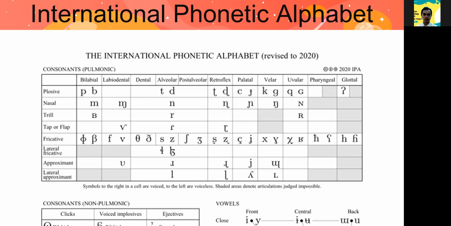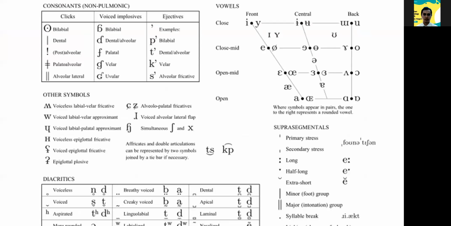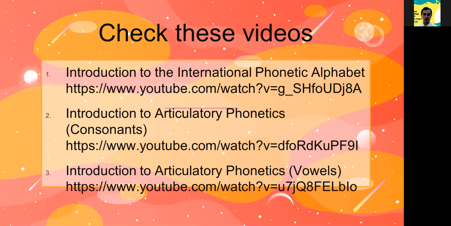The last one was revised in 2020. Here you will see some consonants, vowels, other symbols, diacritics, and so on for the purpose of writing phonetic transcriptions. You need to check these videos which I recommend, discussing the International Phonetic Alphabet.